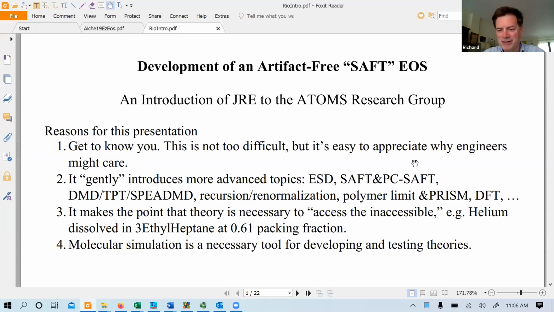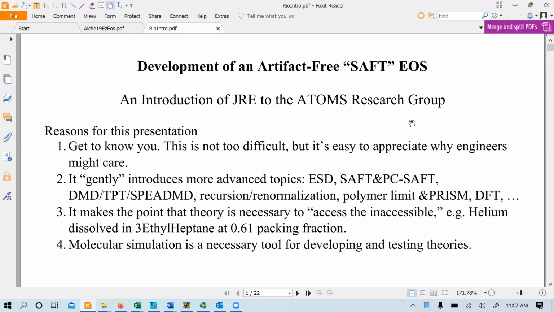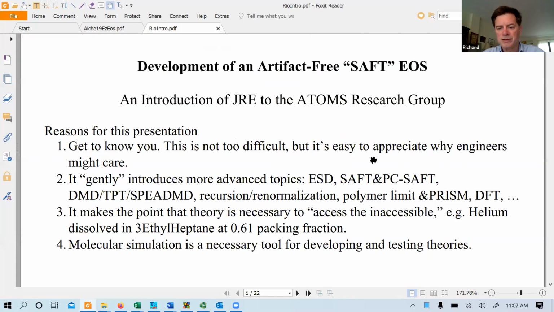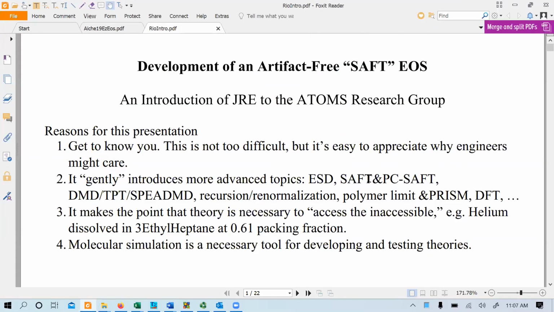These pictures are showing up on my side, but I guess I can work around them. Are they blocking access to the content on the screen for you? I can see everything, I think. For you, you can read this DFT even when I'm in full screen mode. Yes. All right then, we'll just keep going that way. All right, I'm gonna have to put my glasses back on now.